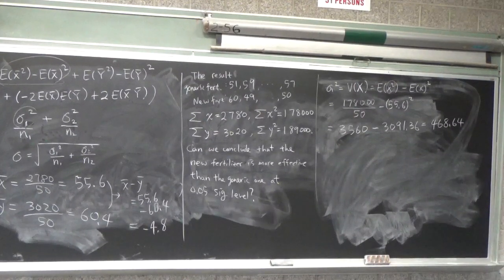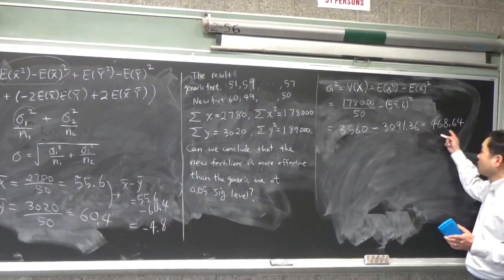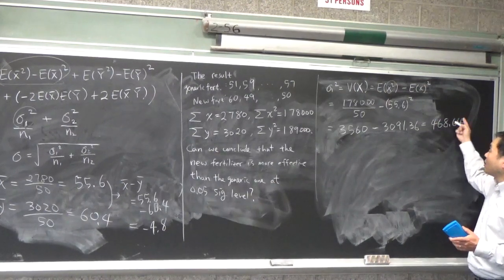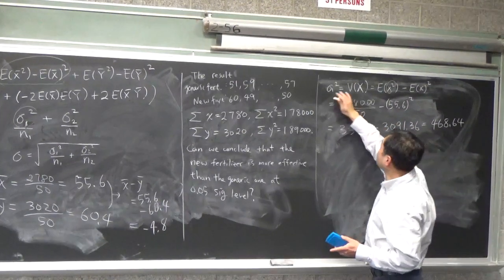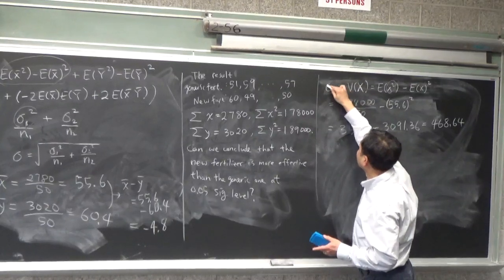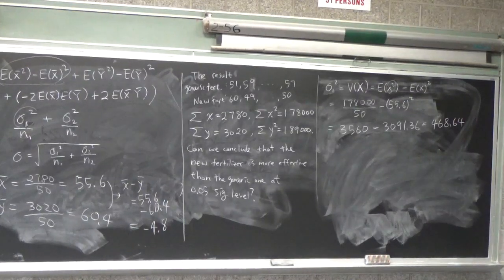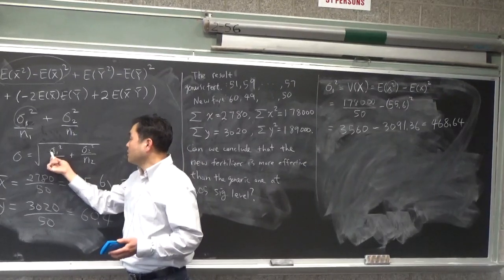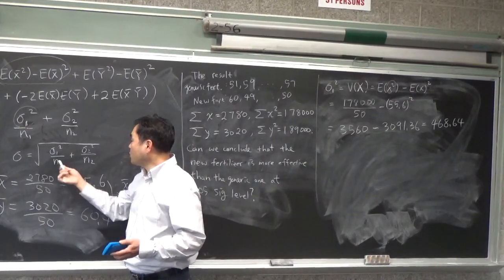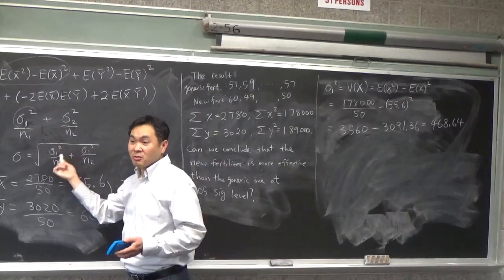Okay. However, there's a slight catch. This is a sample variation, the variation of the sample itself. But what we really want is the approximate value of the population variance, right?